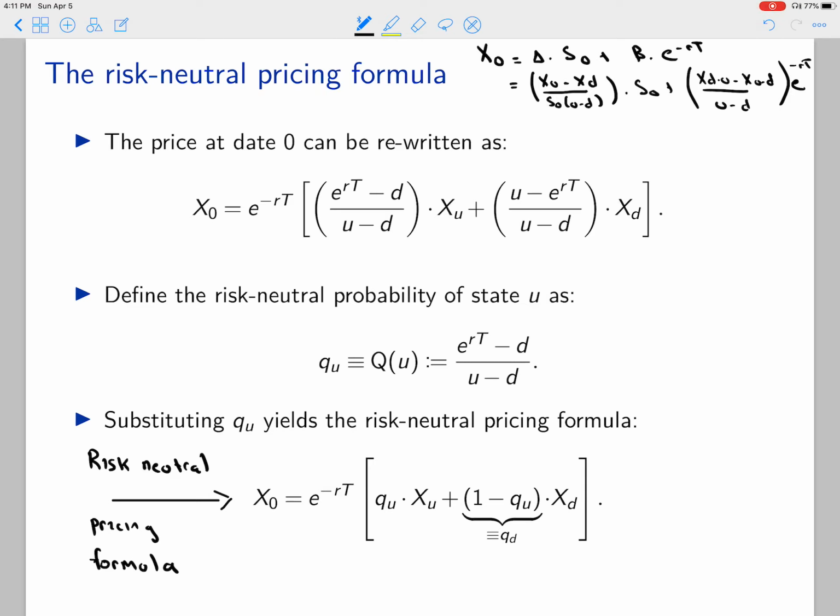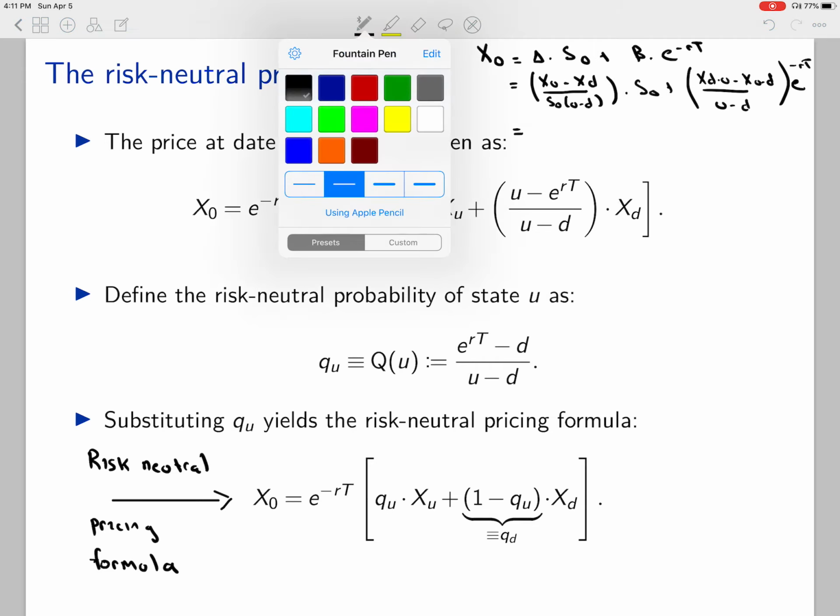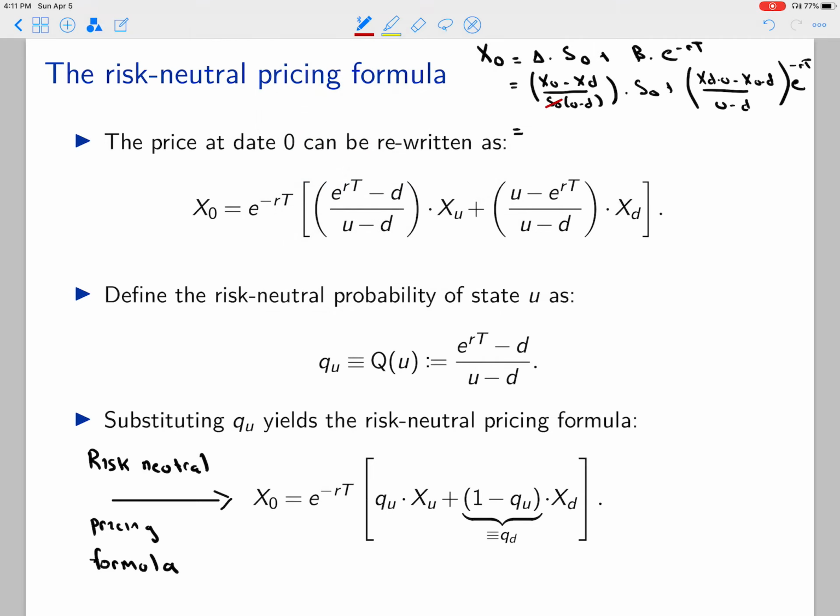We can simplify this a couple of steps further. Suppose we factor out e to the negative RT from the whole equation, and we also start combining everything over U minus D and canceling out the obvious like terms, such as the S0. So first, if we factor out e to the negative RT, it's going to pop out on the outside.